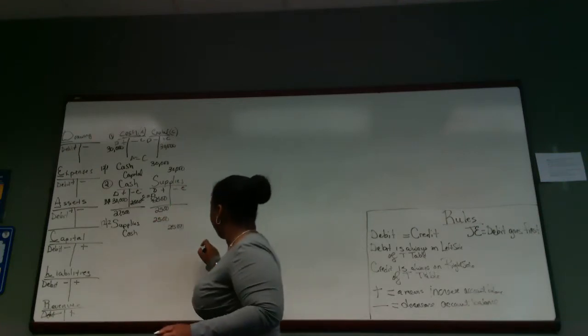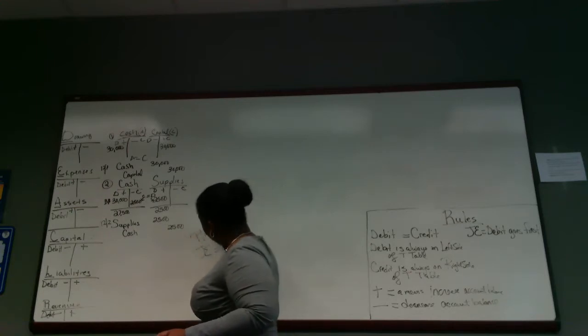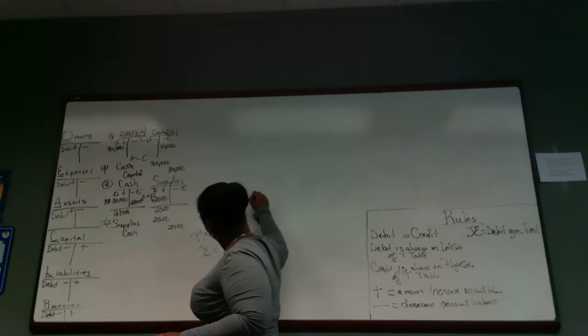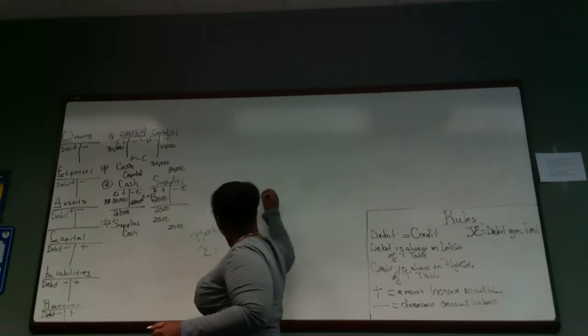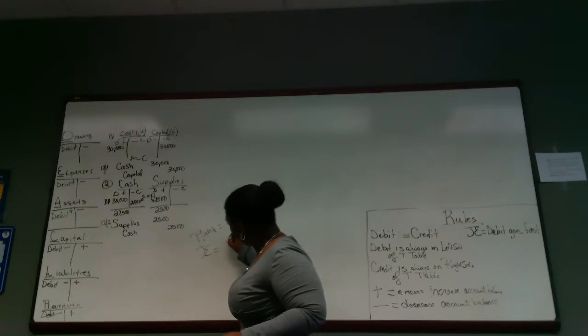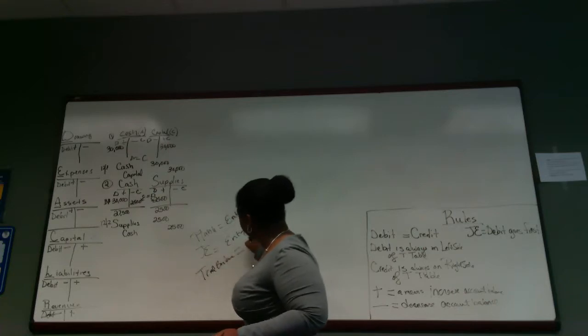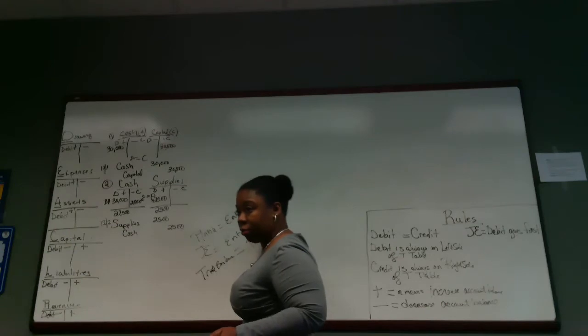A journal entry just shows you the entry. A trial balance just shows you the balance. So it's a whole system.